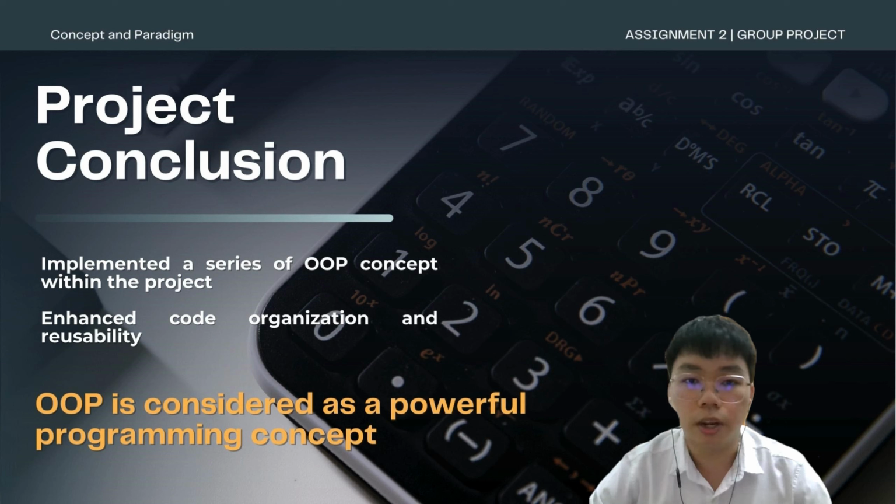The emphasis on organized and reusable code highlights the importance of these principles in software development, enabling ease of maintenance and scalability while reducing redundancy and development time. As technology evolves, the lessons learned from this project remain relevant, emphasizing the enduring significance of object-oriented programming in modern software development for building scalable, maintainable, and efficient systems.